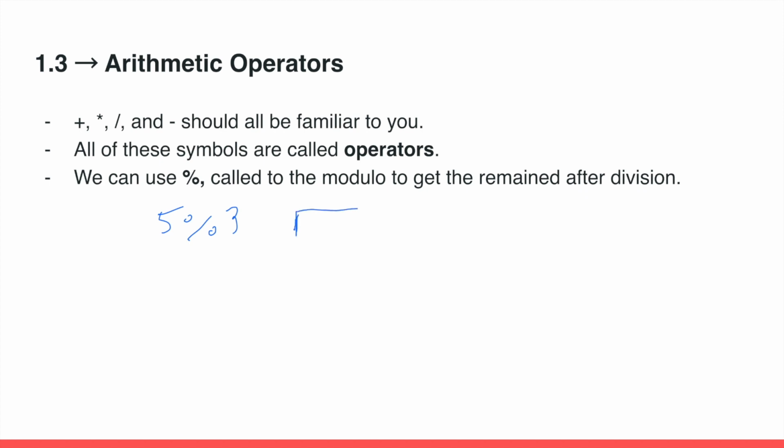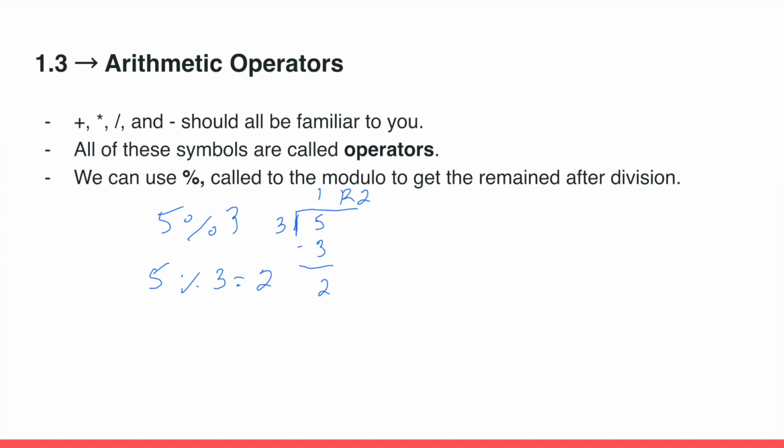So we're going to have 5 on the inside, 3 on the outside, and we need to see how many times 3 is going to go into 5. So 3 goes into 5 one time, and we're going to get a remainder of 2. This is a remainder because there's no way 3 can go into 2. So we have 1 remainder 2. What this means is that 5 modulo 3 is equal to 2.